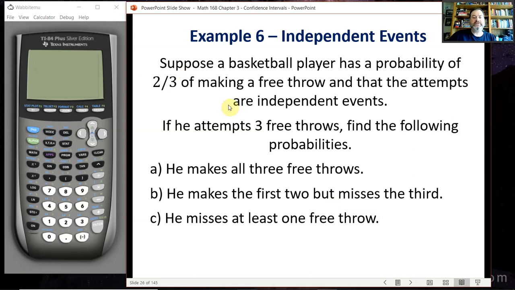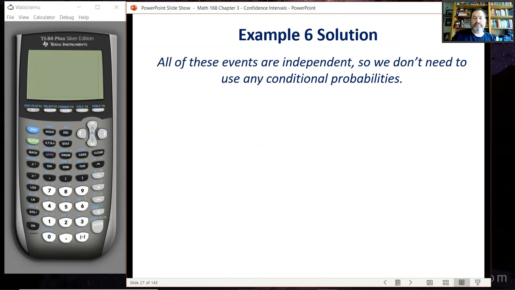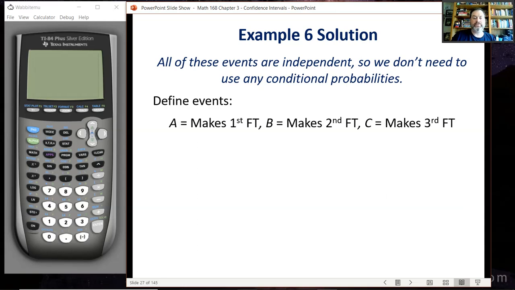All right, so if he attempts 3 free throws, find the probabilities. What is the probability he makes all 3 free throws? What we have to do is similar to what we did with the socks example, except we don't need to use any conditional probabilities because all these events are independent. So we name the events. Event A: makes the first free throw.